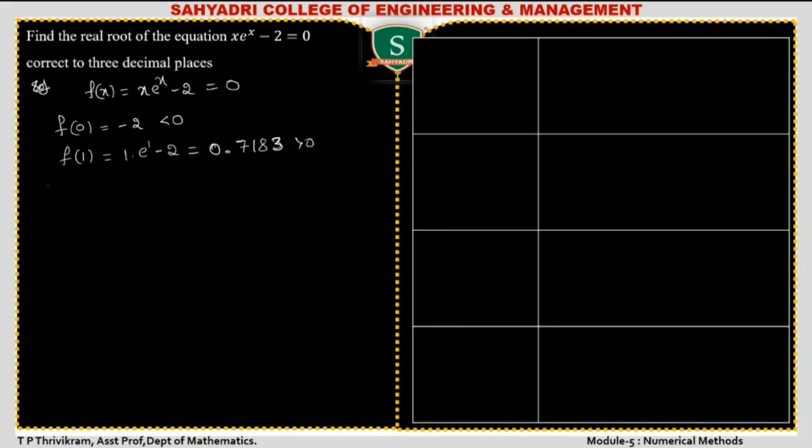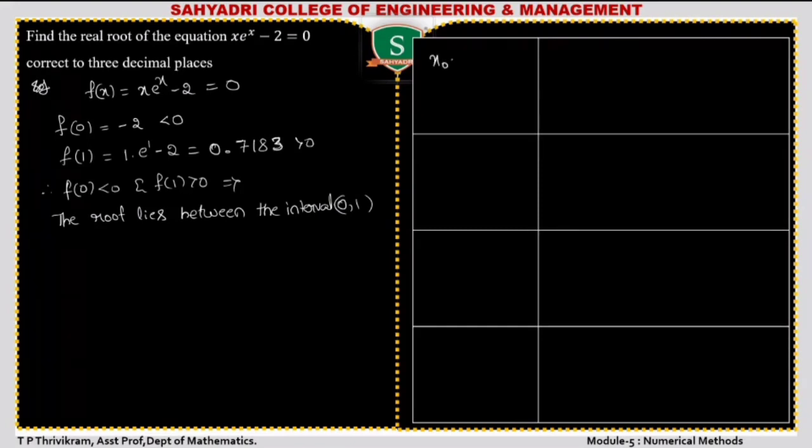So therefore, f of 0 is less than 0 and f of 1 is greater than 0, which implies the root lies between 0 and 1, or in the interval 0 comma 1. Now what will be x naught? So x naught is 0.